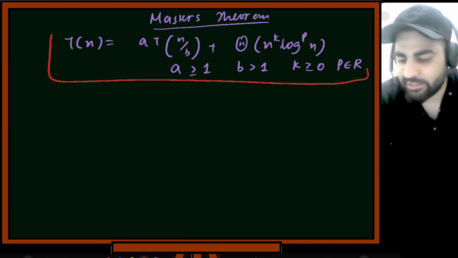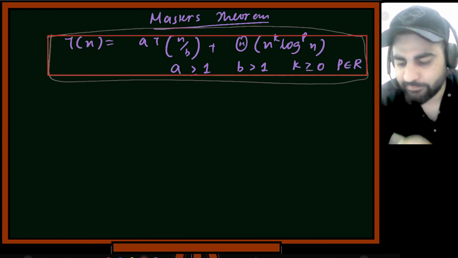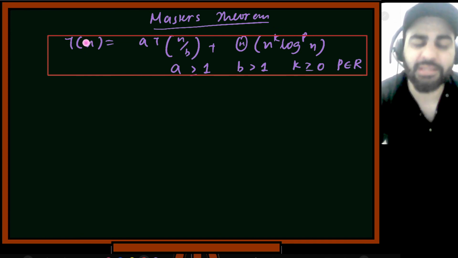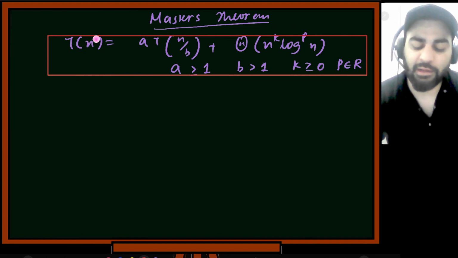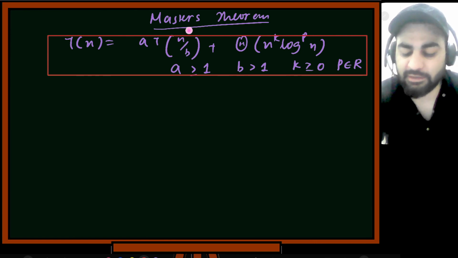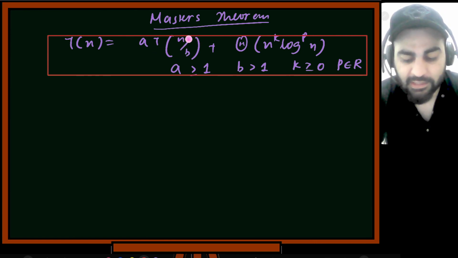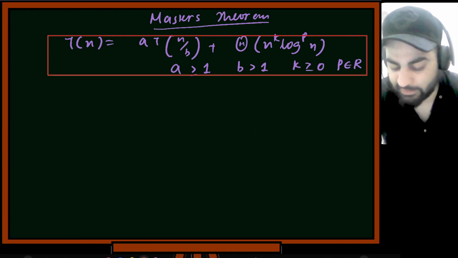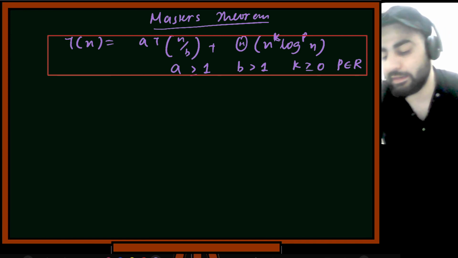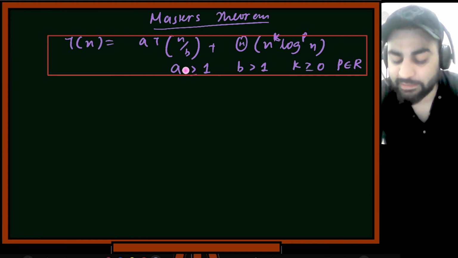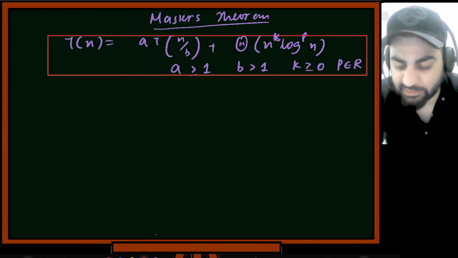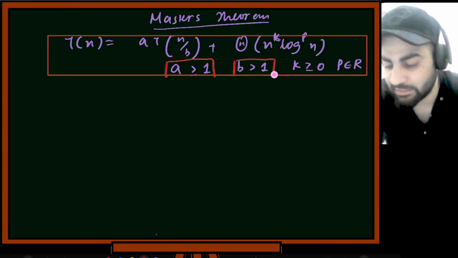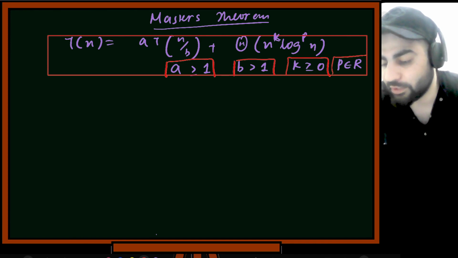Here T(n) means the time taken on an input of size n. The problem is divided into n/b, with some factor a, and then we have n^k and log of n to the power p. These are the four constraints, and they must be respected.